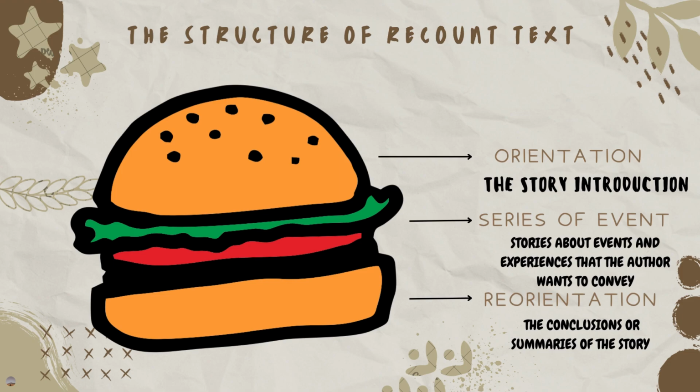Next is the third structure. The third structure is reorientation. This part explains the conclusion or the summary or repetition of information contained in the orientation structure.